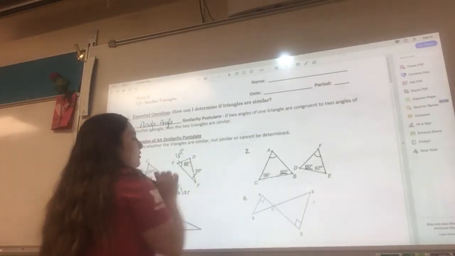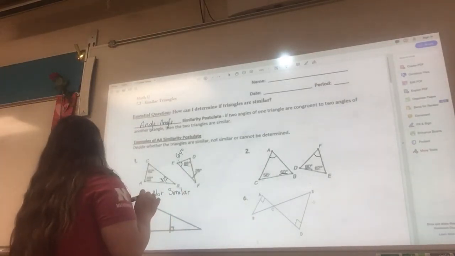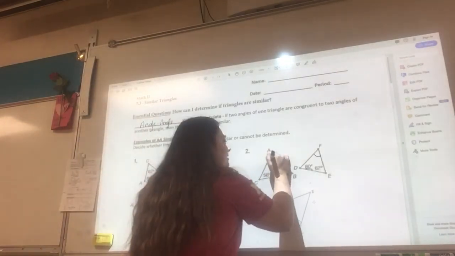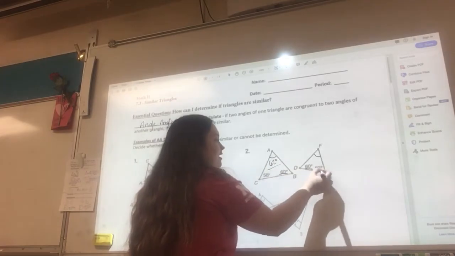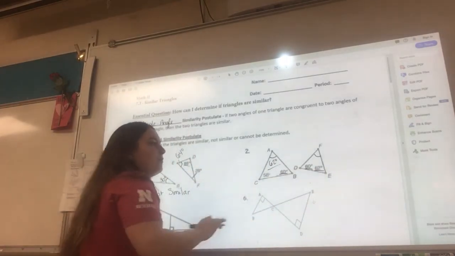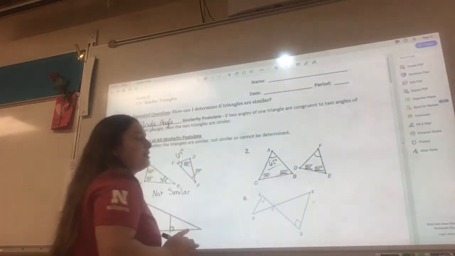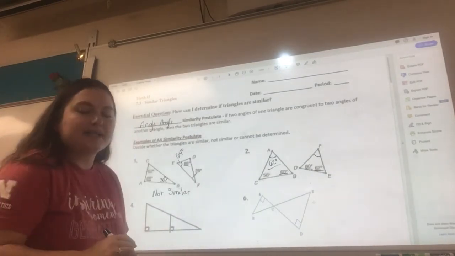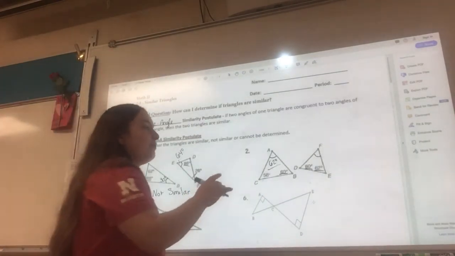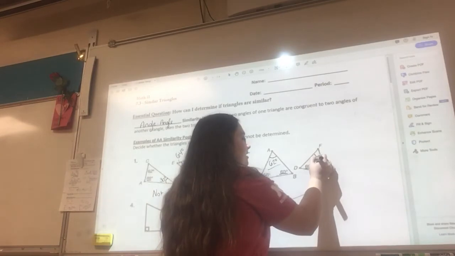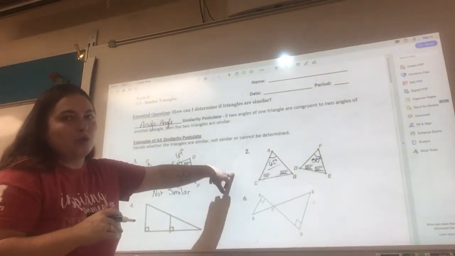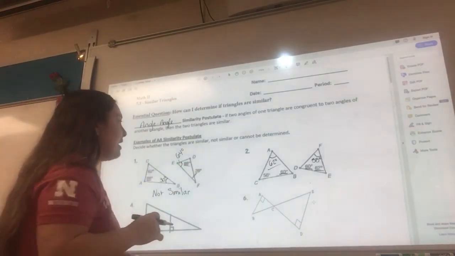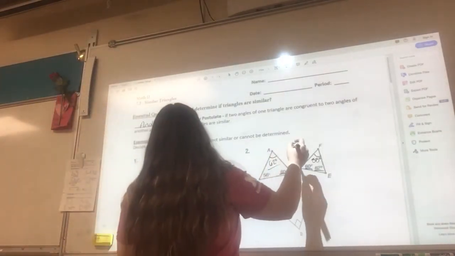For this one, we took 180 minus 60 minus 58, and we see that this is 62 degrees. That actually looks pretty awesome, because hey look, 62 and 62. Just in case, we check by taking 180 minus 60 minus 62, and we see that it is 58 degrees. Since a minimum of two angles are the same, we know that this is similar.